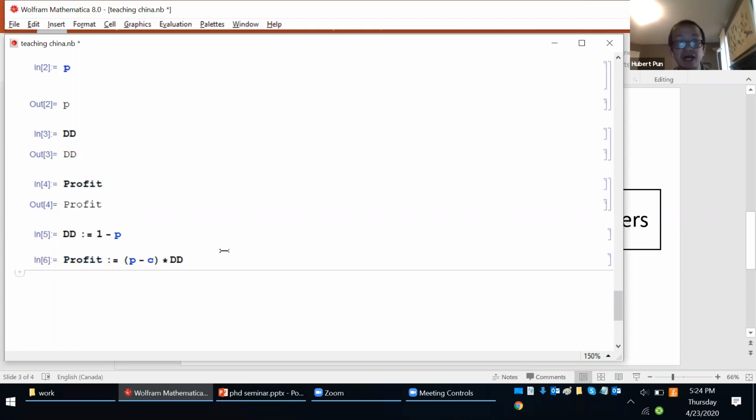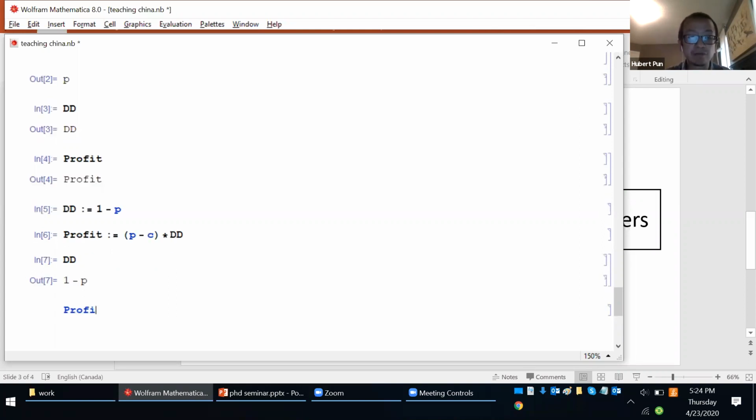So if I do shift enter, let me show you. If I type dd right now, I would have 1 minus P. If I type profit right now, I would have (1 - P) multiplied by (-C + P). Mathematica usually arranges the variables in alphabetical order. So it's minus C plus P.